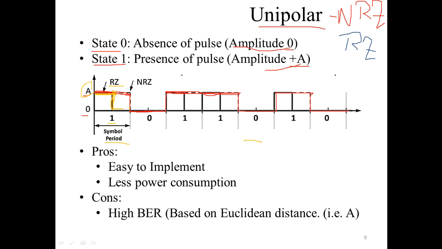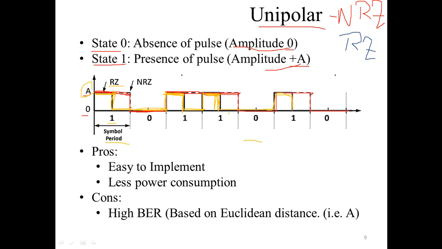If it is 0, you don't have to go anywhere, you follow this route as 0. Then again when 1 comes, you go to amplitude A, but not for the whole symbol period, just for half, and then you again come to 0. Similarly, when 1 comes again, you go to A for half the symbol period, and after half you return to 0. So this kind of wave is something like this, the orange one.